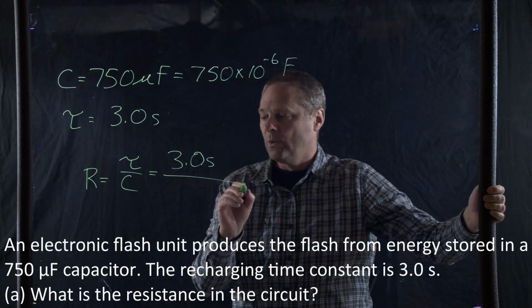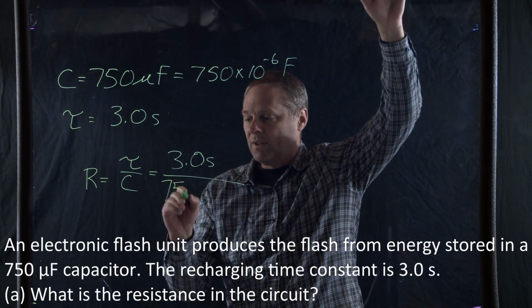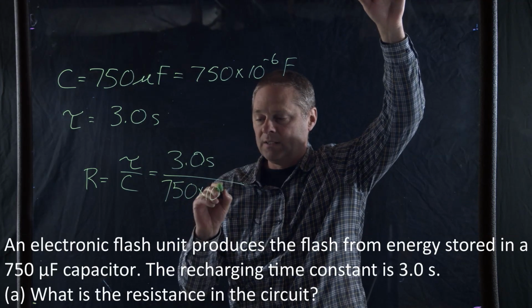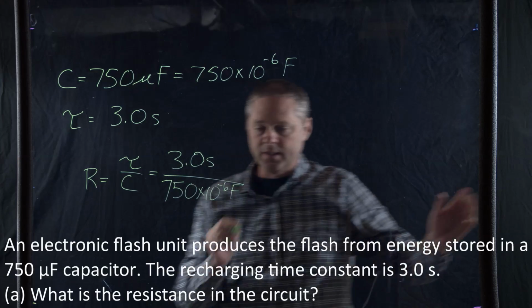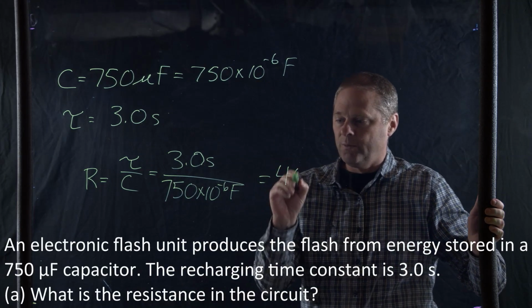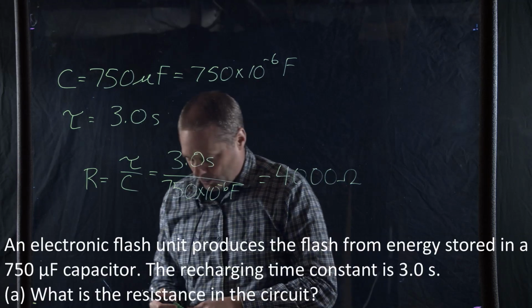And so this is going to be equal to 3 seconds divided by 750 times 10 to the minus 6 farads. And if we do that arithmetic, this is going to be equal to 4,000 ohms.